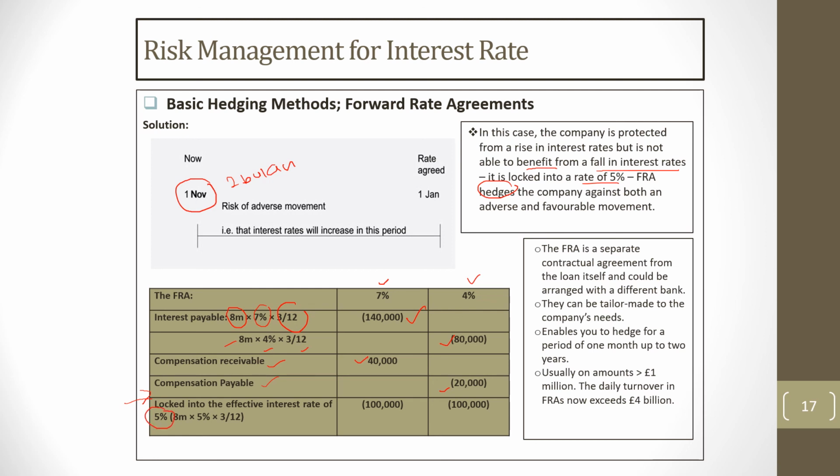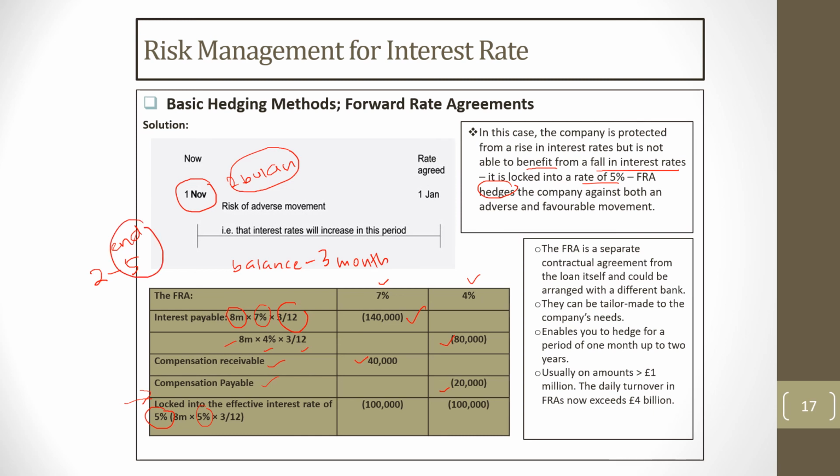So with 5%, you have to calculate 8 million times 5% times 3/12. Because in the question it states 3 months, and if you don't see it, it states from 2 to 5 months. The M is 5 months. So now it is 2 months, and then the balance is 3 months, because the end is 5 months.